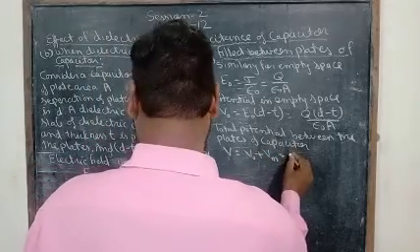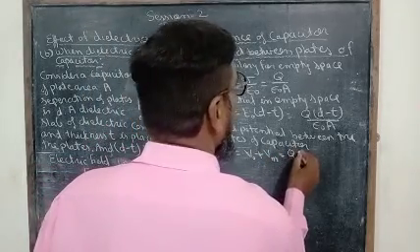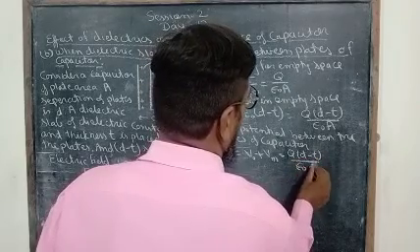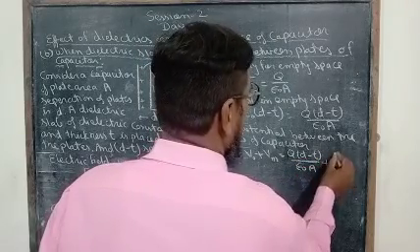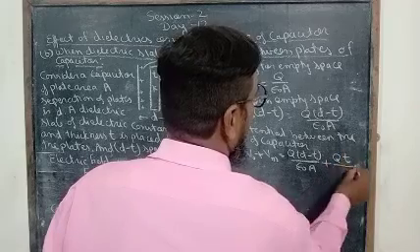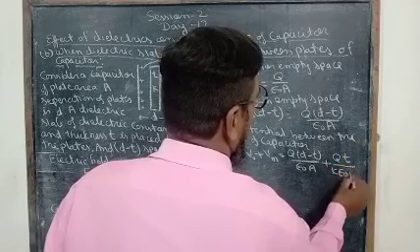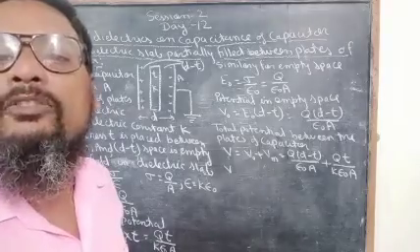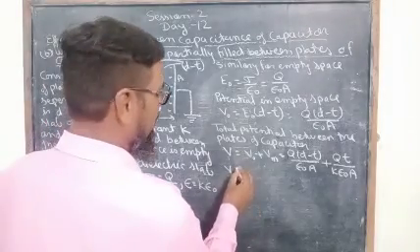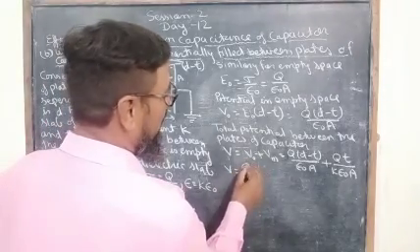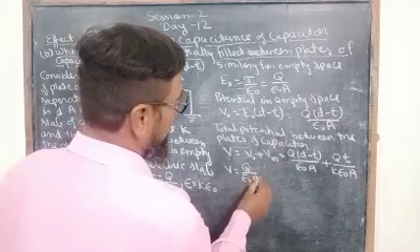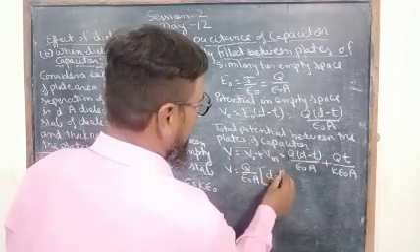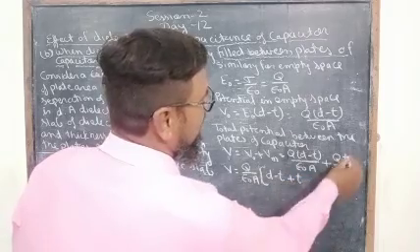The value of V0 is Q into D minus T upon epsilon naught A, plus Q T upon K epsilon naught A, and the potential is equal to Q upon epsilon naught A, which can be taken common, times D minus T plus T upon K.